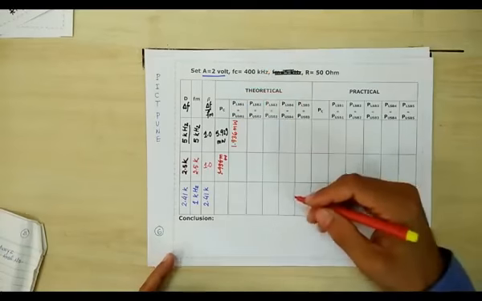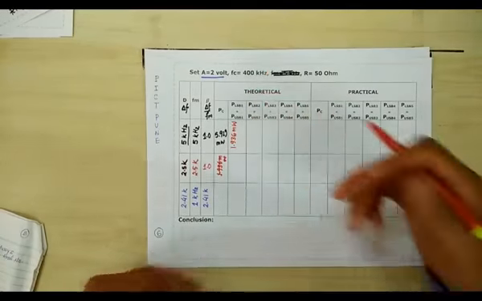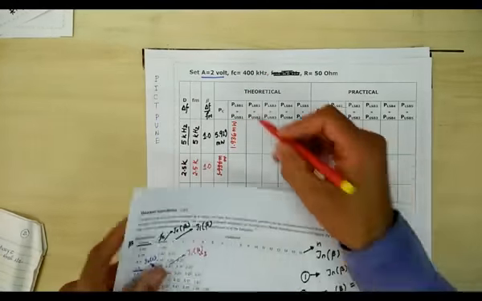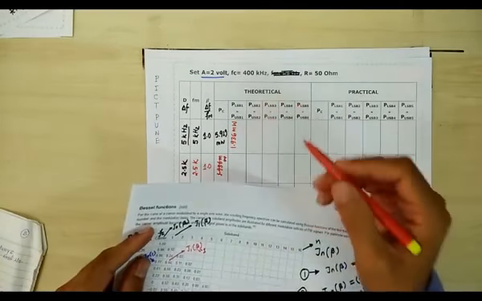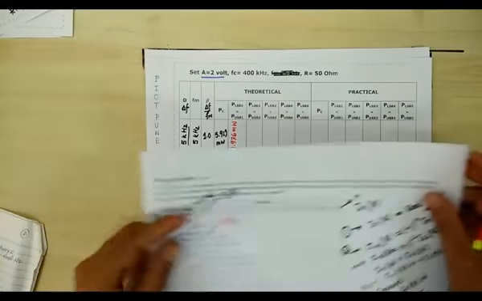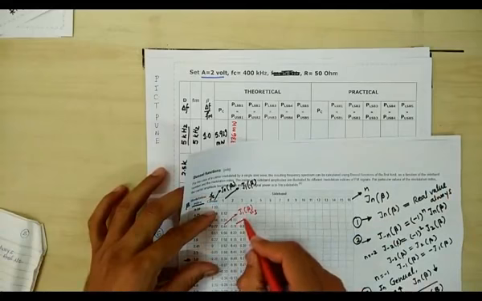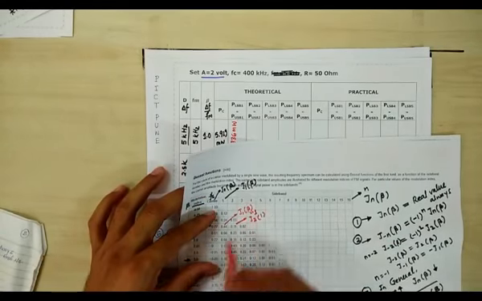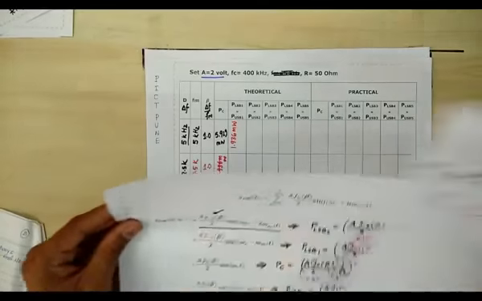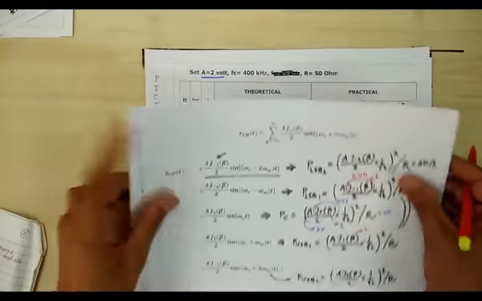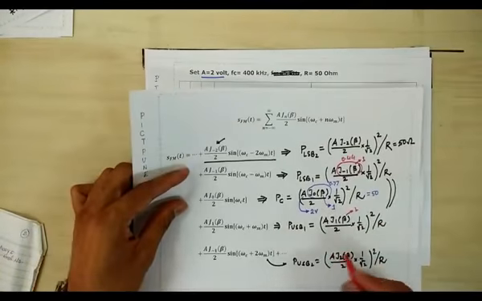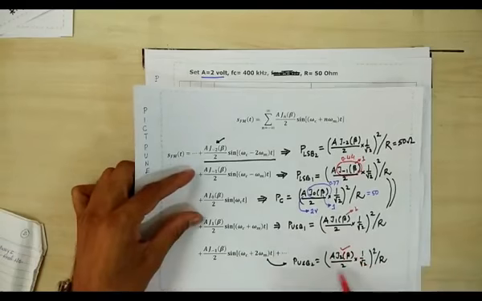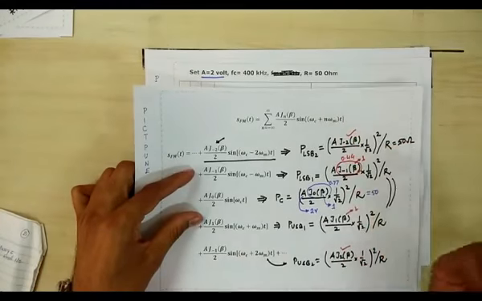Now, for the second sideband, again we have to do the same calculation. We have to use J2 beta, and beta is 1 there. Reading the table, this is my J2 of 1, which is 0.11. This is my second upper sideband, and this is my second lower sideband.